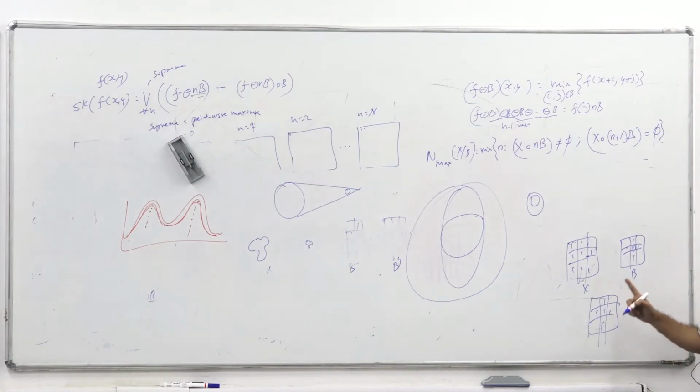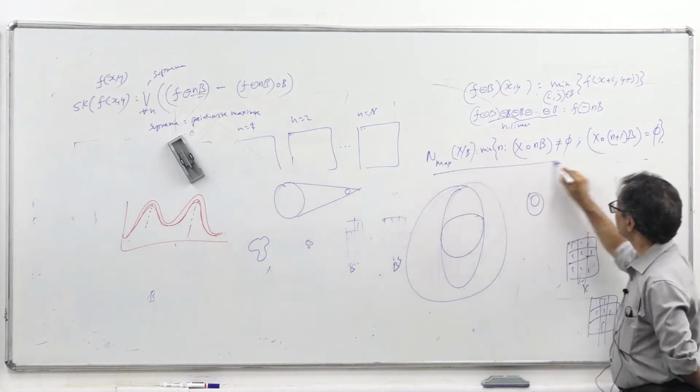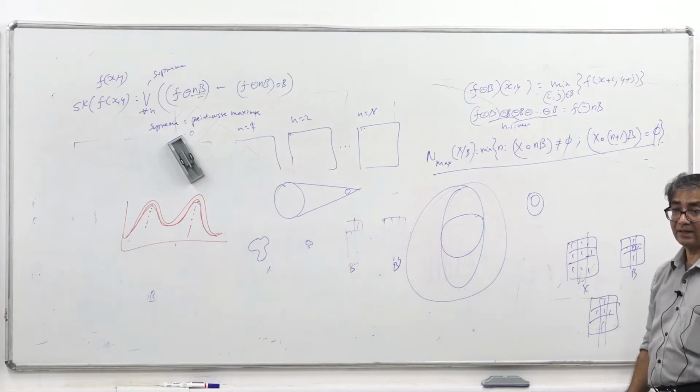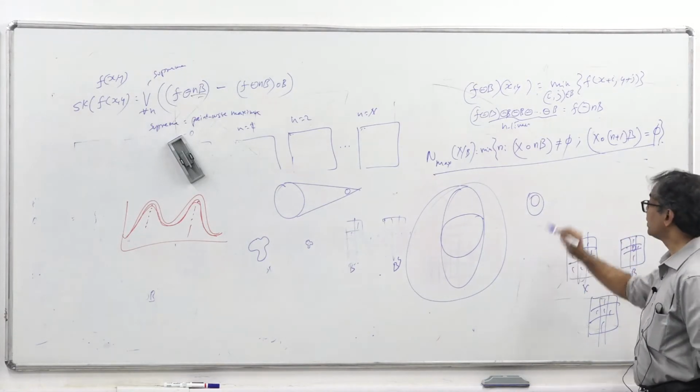When you perform 2 cycles of opening it becomes empty, which means this set X is smaller than size 2B, but larger than or equal to B, 1B. This equation tells the size pattern of X with respect to B.